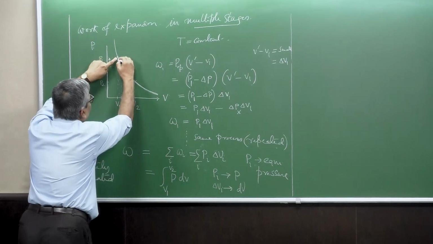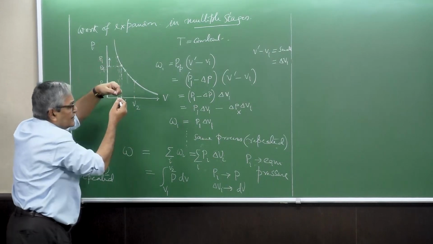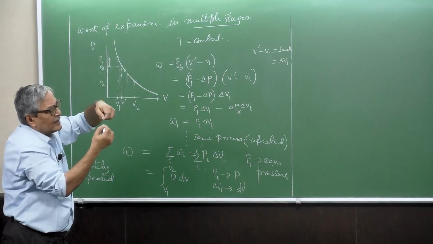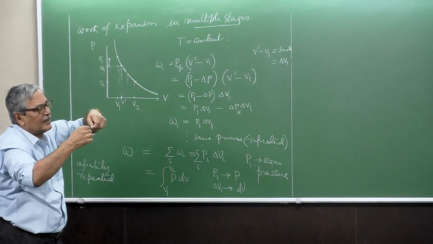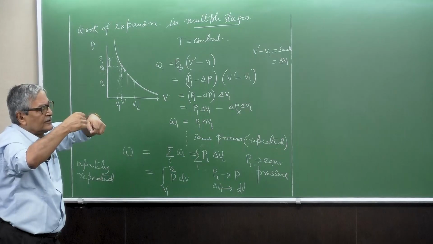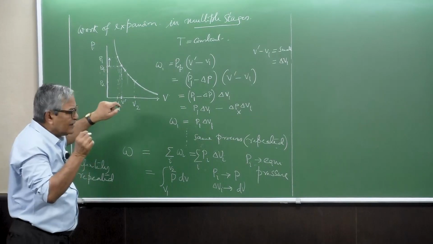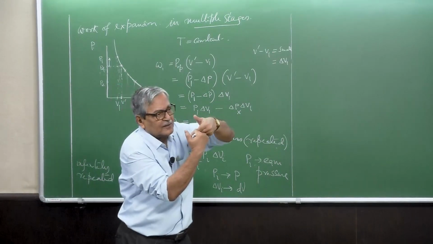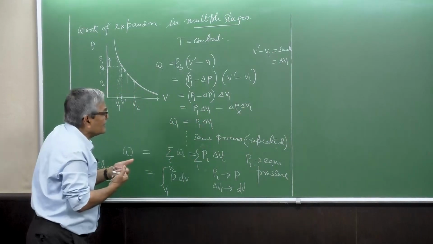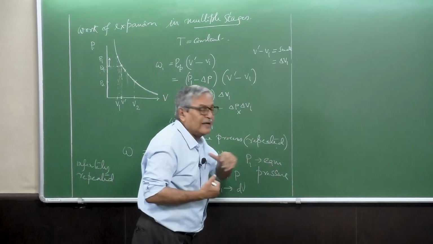I have kept the gas outside and inside pressure almost the same. Infinitesimally I am trying to reduce the pressure at each step by an infinitesimal amount, so that the outside pressure and inside pressure remain the same, so that an equilibrium condition is maintained throughout.